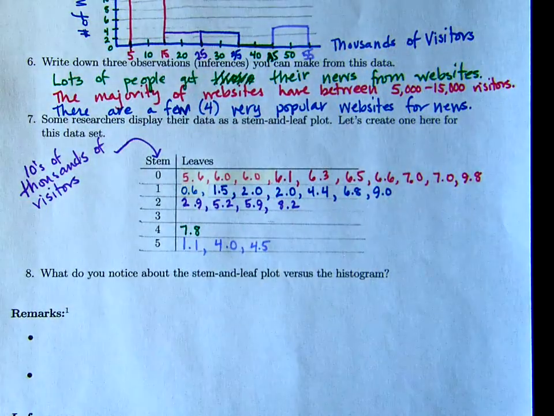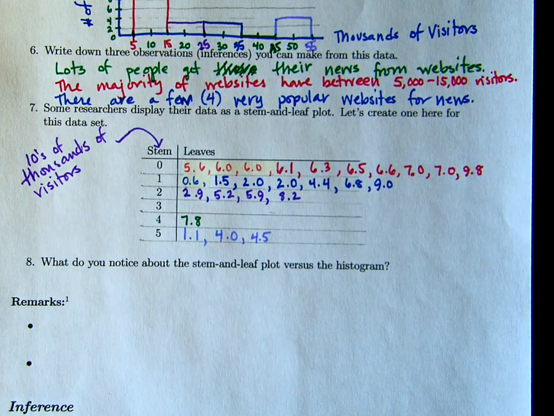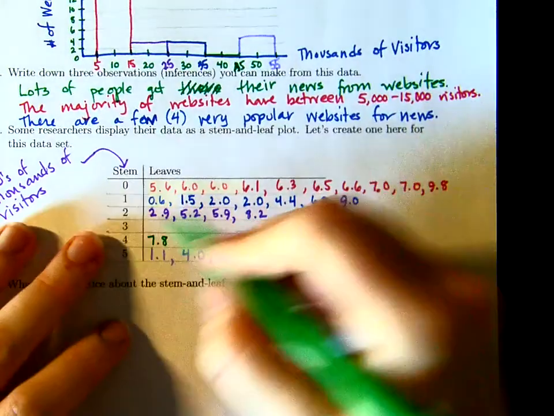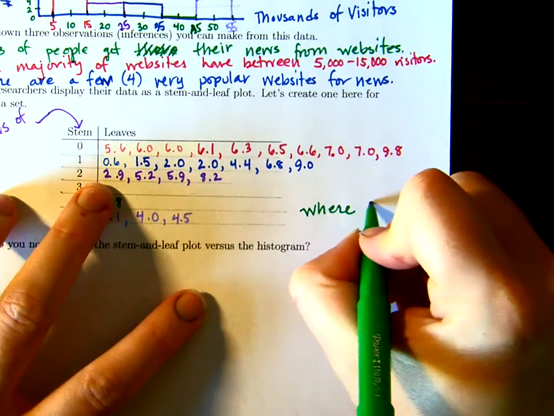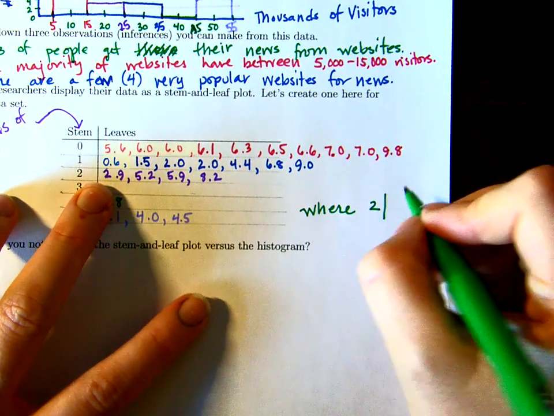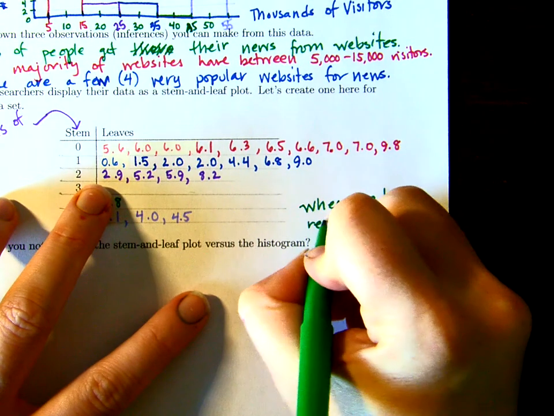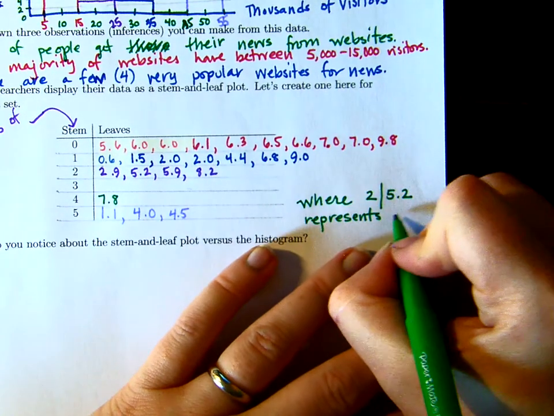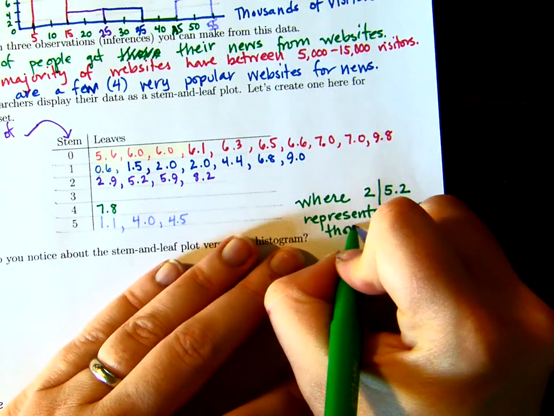And our key or our legend here would say, where, let's give a random one, how about this one? So where 2 bar 5.2 represents 25.2 thousand.